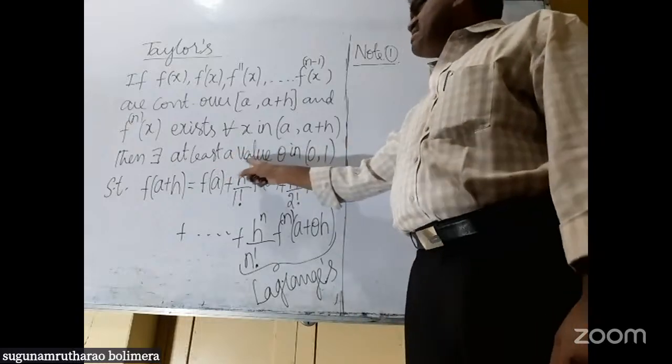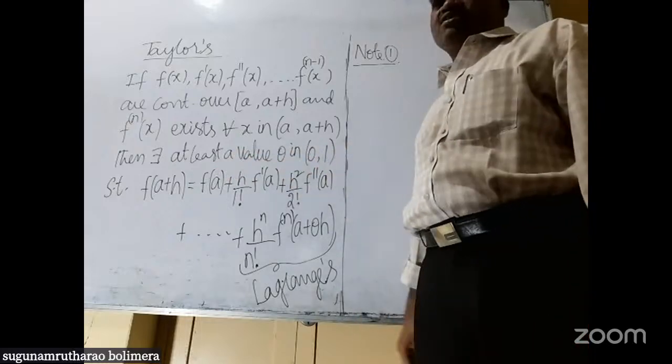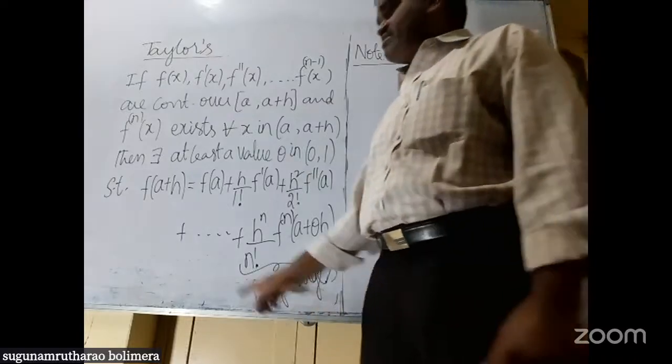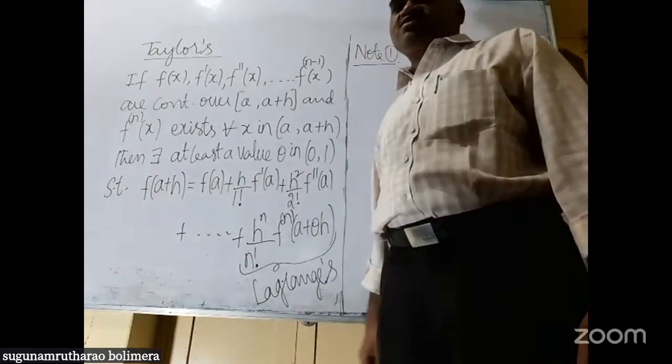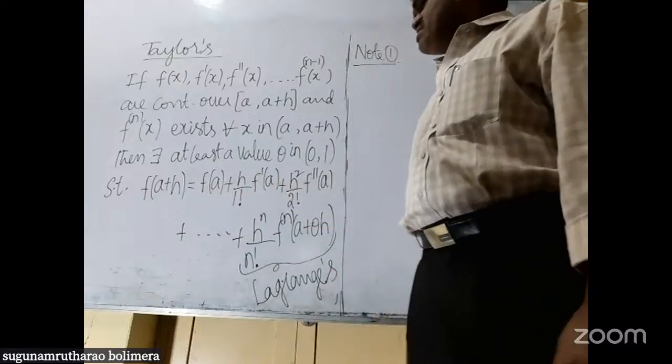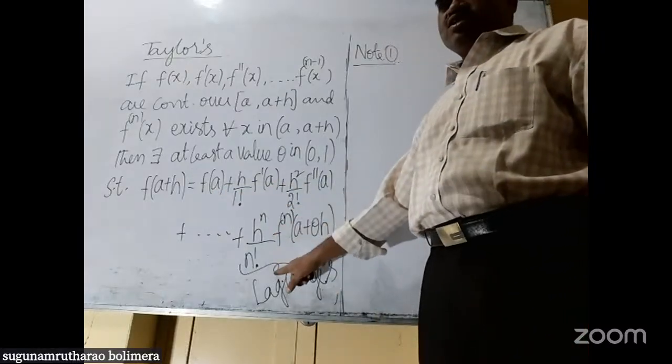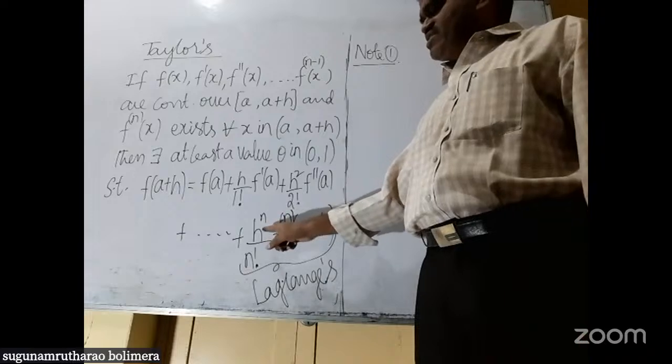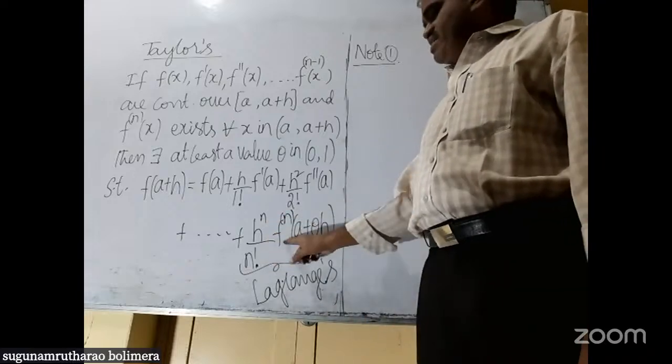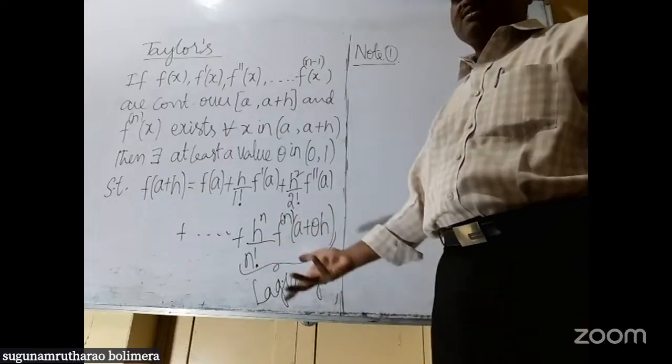Then there is at least a value theta in (0, 1) satisfying f of a plus h equals f of a plus, putting n equals 1 in the last term, h by 1 factorial f dash of a plus theta h. That's enough.